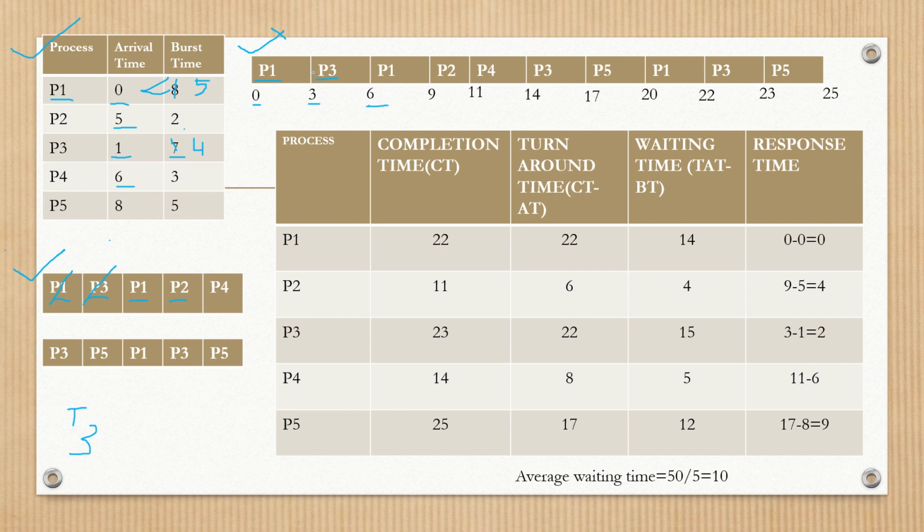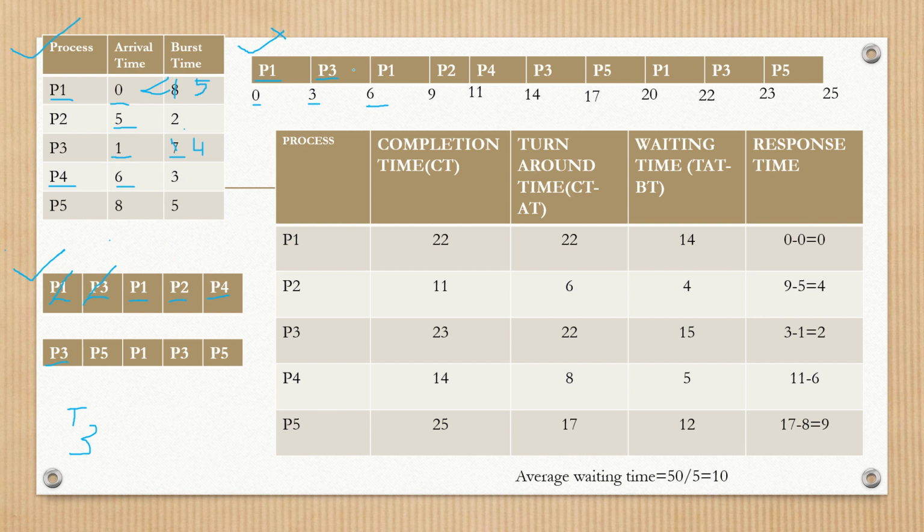So both P3 and P4 now have arrival time 6. Which one to insert first in the ready queue? Whichever process is new to the ready queue will be inserted first. Here P4 is the new process coming into the ready queue. So we insert P4, then we insert P3, right?